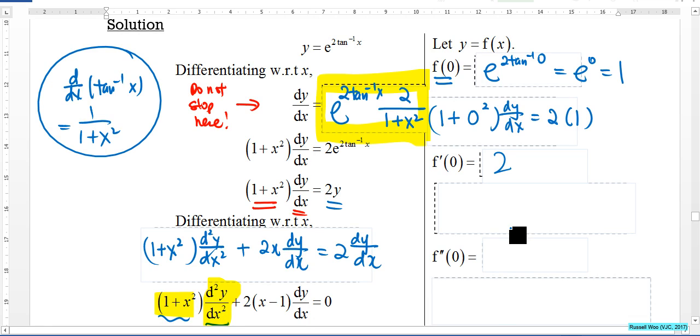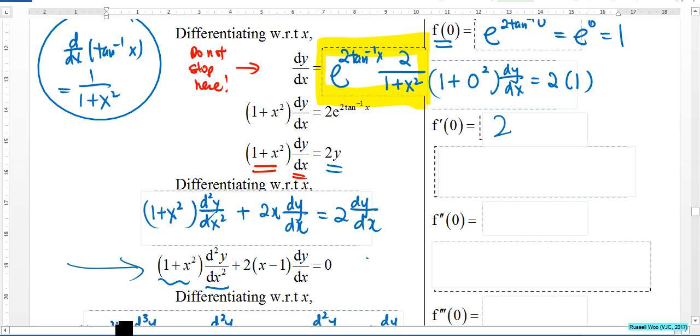Now, what about the next one? To get f double prime, I'm going to substitute into this, because when x is 0, dy/dx is 2.